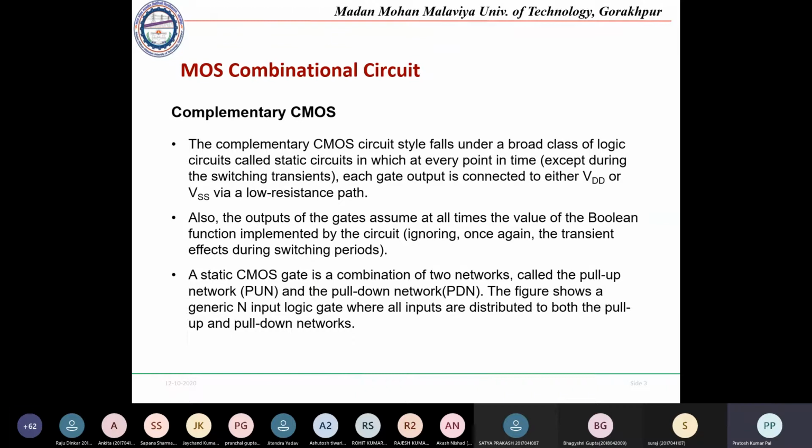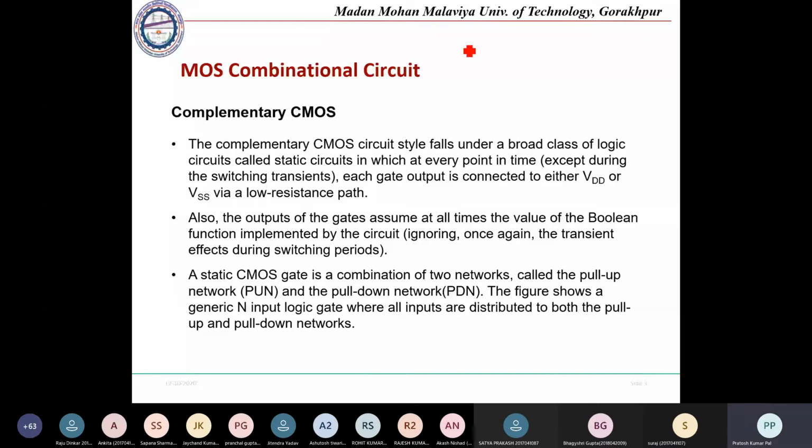So we will start with the combinational logic circuits, the complementary CMOS logic circuits. In complementary logic circuits, what we do is we have a logic implementation such that we have a pull up network and a pull down network. This is the pull down network and this is the pull up network.